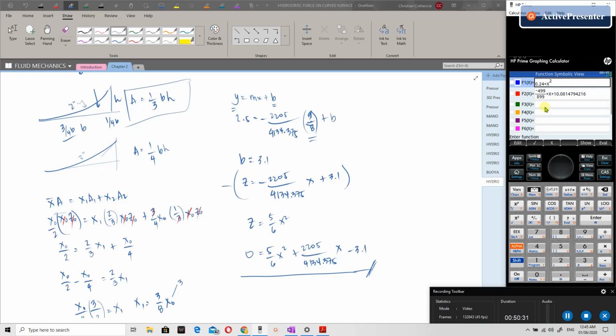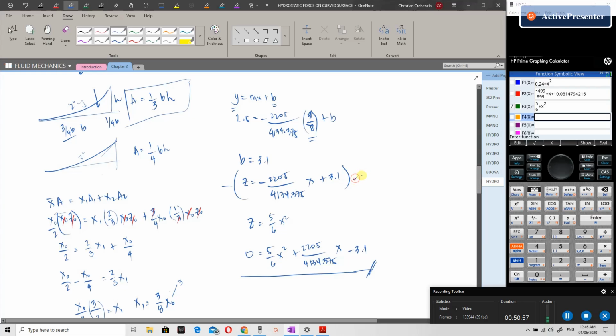Okay. So, ilalagay natin dito yung dalawang equations natin. Okay. So, f of x, so, yung z natin is y. So, this is 5 over 6 times x squared. Okay? Then, yung second equation natin, okay, so, ito naman yung linear na equation.